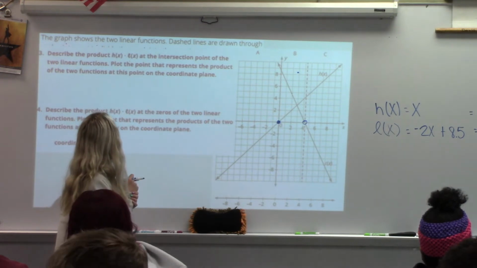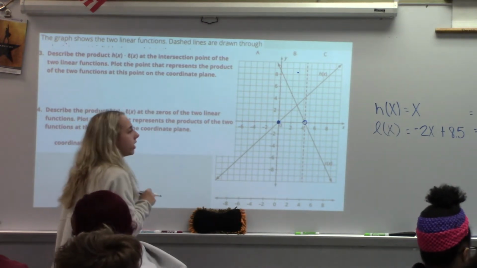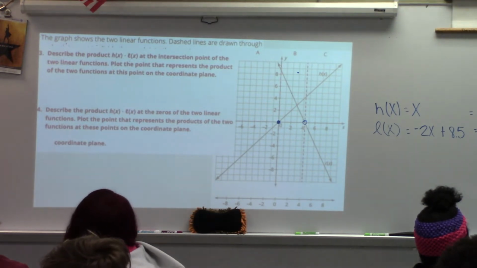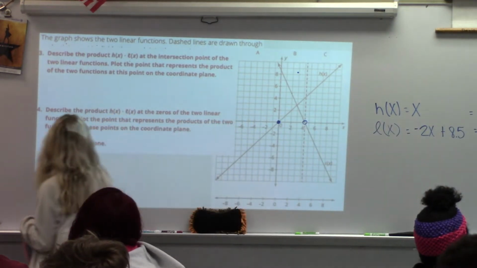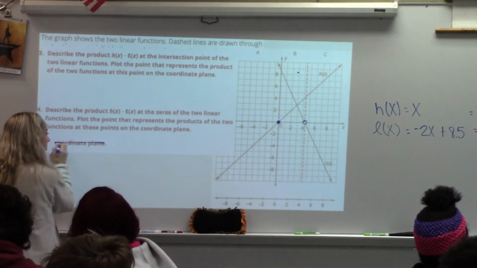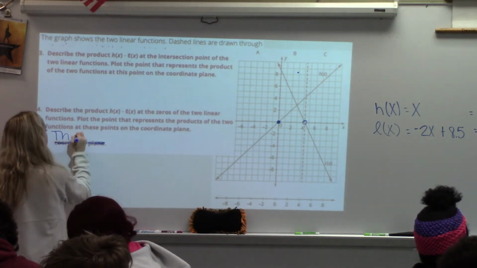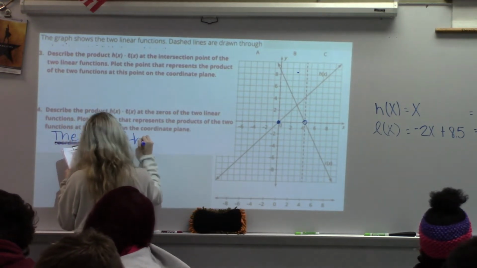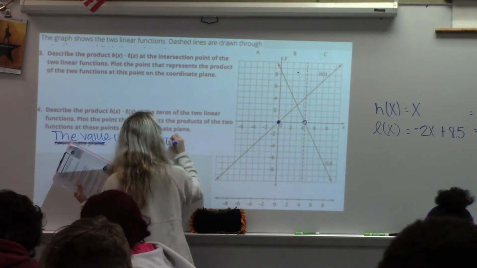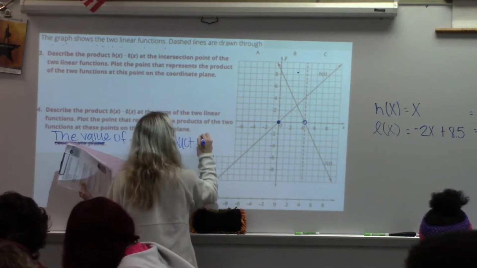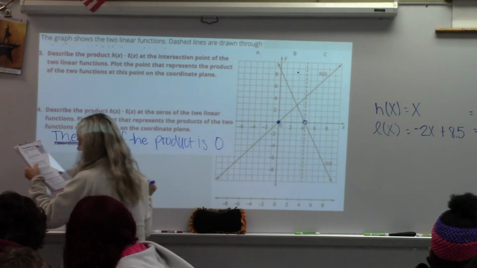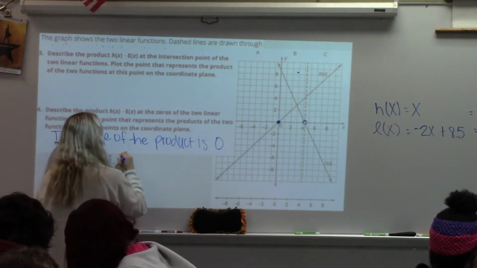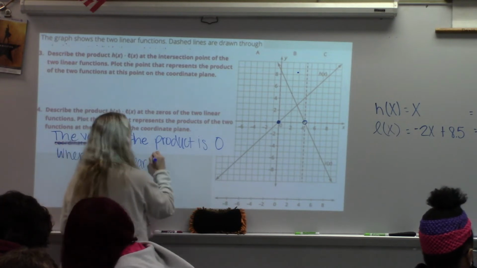So for number 4, we can write that the value of the product is 0 where the linear functions are 0.